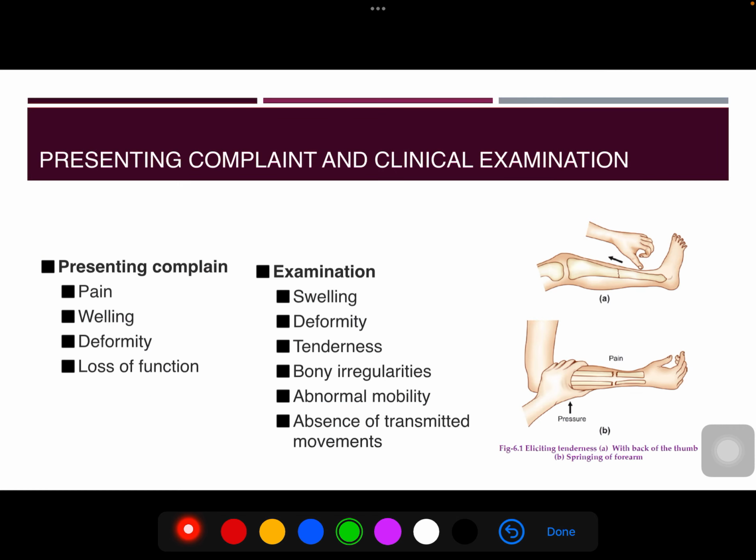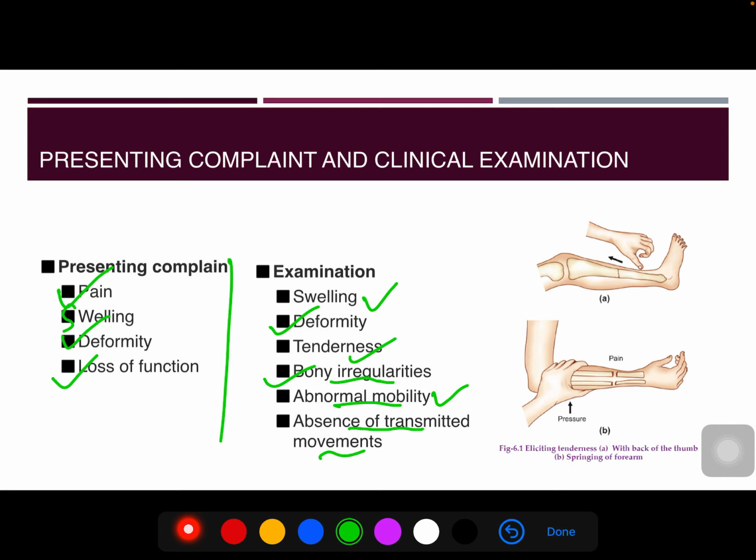Presenting complaints in fracture are pain, swelling, deformity, and loss of function. In the examination, we have to see swelling, deformity, tenderness, bone irregularity, abnormal mobility, and absence of transmitted movement.